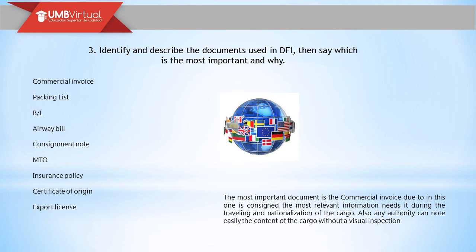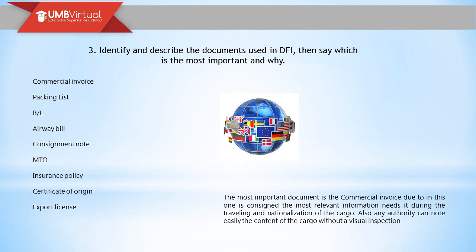I identify the most important document as the first one, the commercial invoice, which is, by the way, for me the most important document because in this document is all information relevant to the goods, prices, and kind of material, kind of money, everything that needs to be known during the transportation, customs, and negotiation. So for me, the commercial invoice is the most important document.